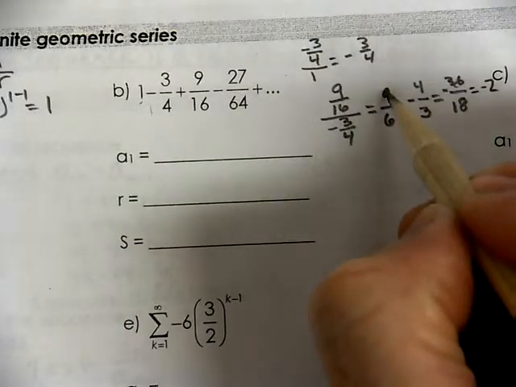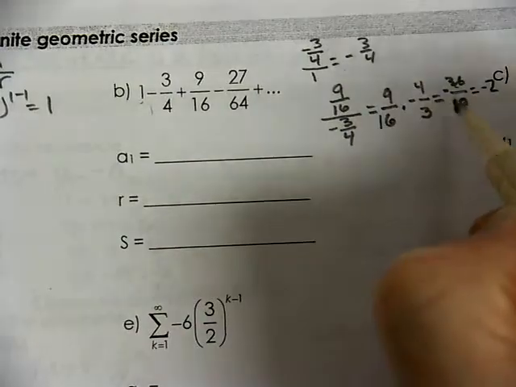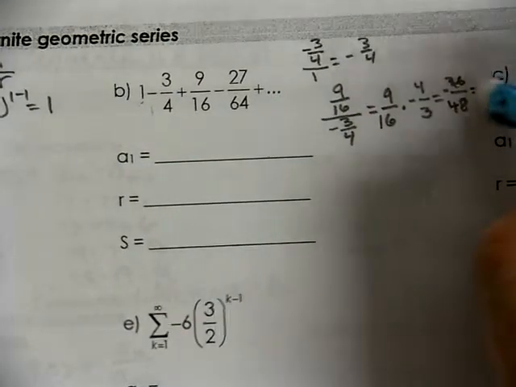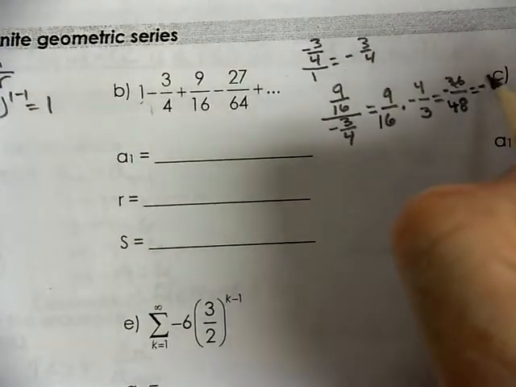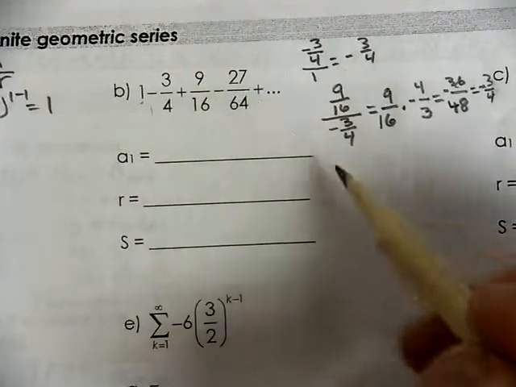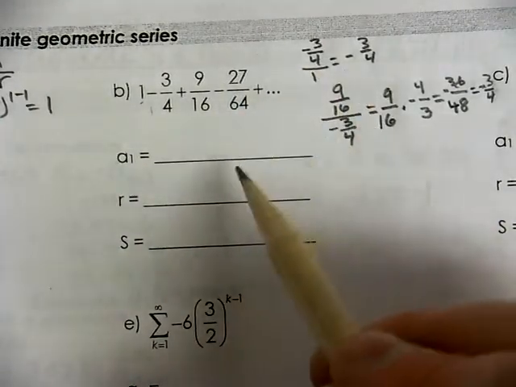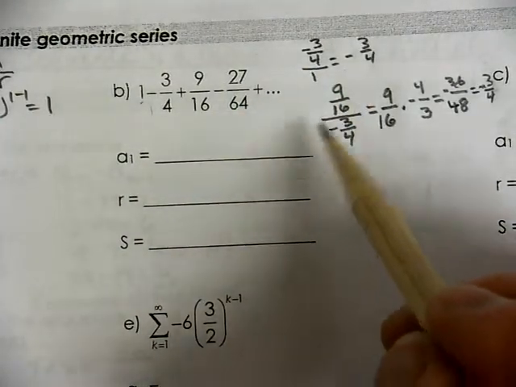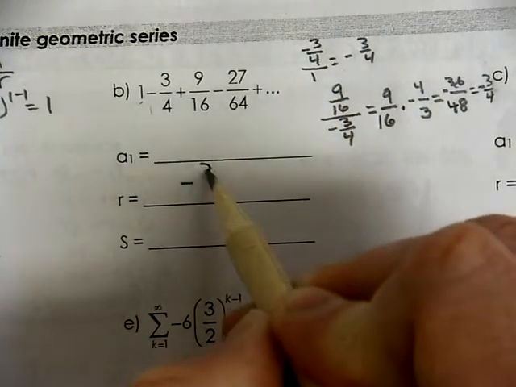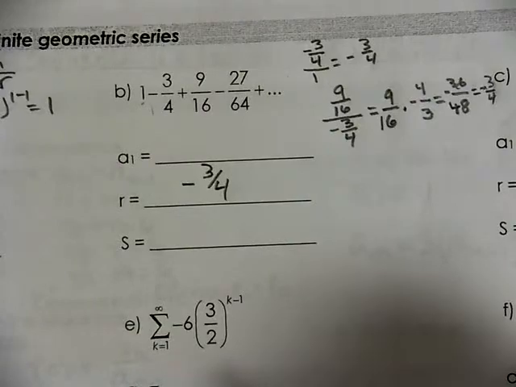That was actually 9 over 16, which was 48, which was still negative 3/4. And if you keep recognizing with the same test, we're testing for geometric, that our ratio was negative 3/4.